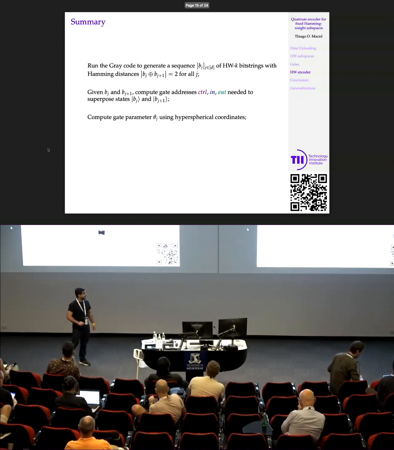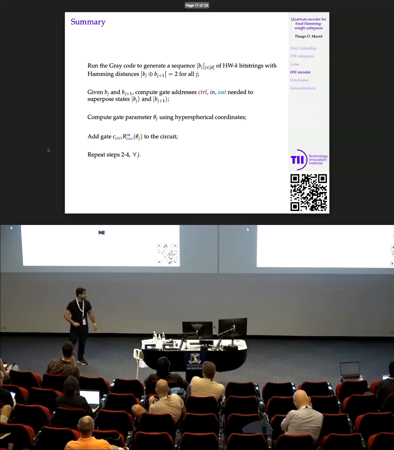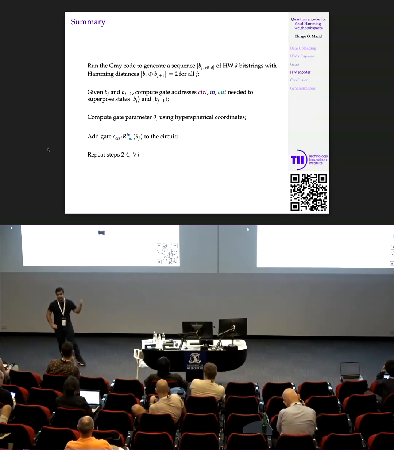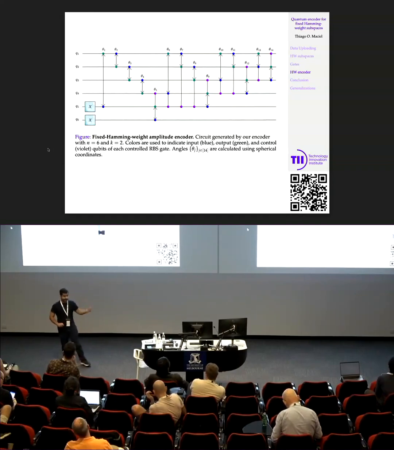The other parameter that you need is the theta that comes from hyperspherical coordinates, and then we add the controlled RBS using the controls, input, output, and theta to the circuit. And do this for the whole table that your Gray code outputs, okay?